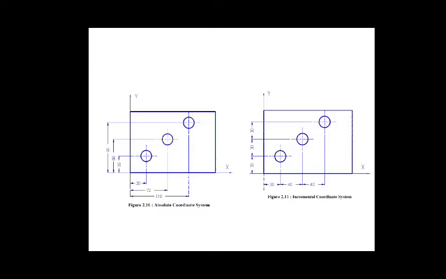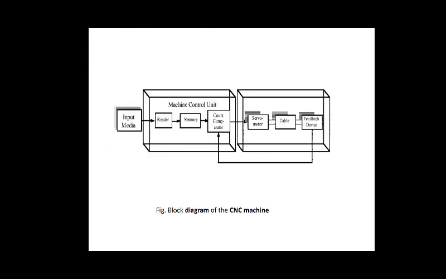Now next we will see the block diagram of a CNC machine. This is the block diagram of the CNC machine. As we have already seen the information regarding CNC machine, still we'll see brief information regarding this. The information stored in the computer can be read by automatic means and converted into an electrical signal, which operates the electrically controlled servo systems.